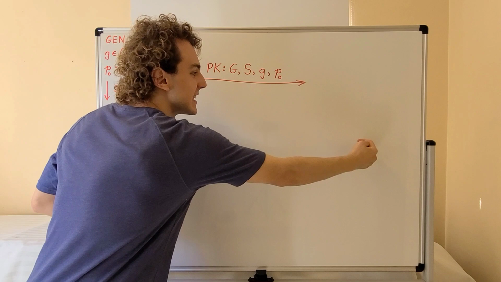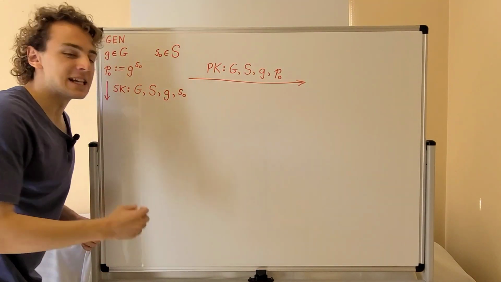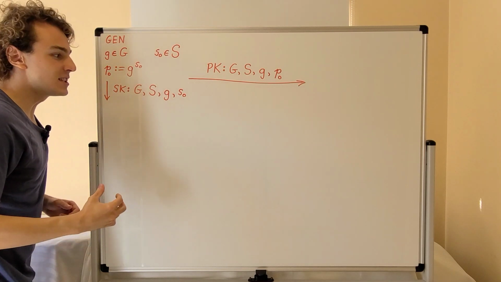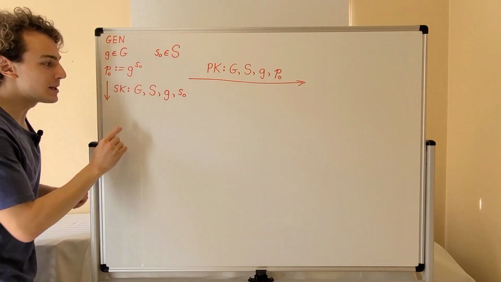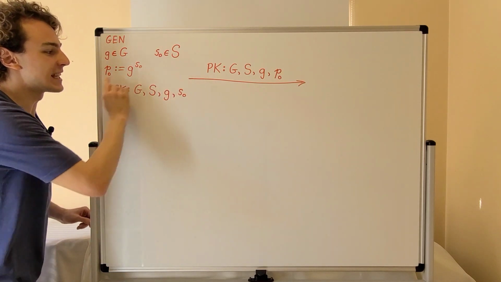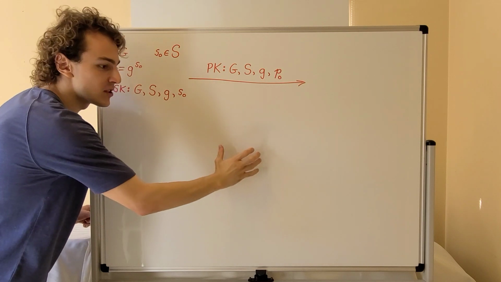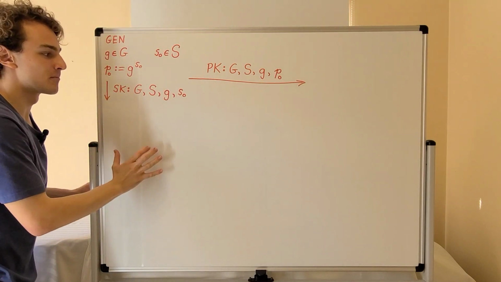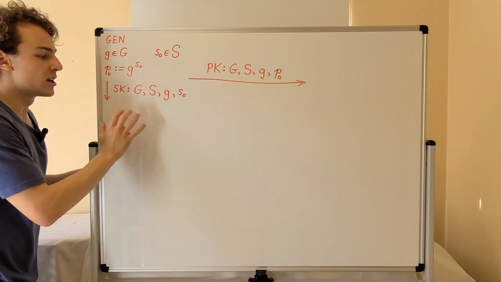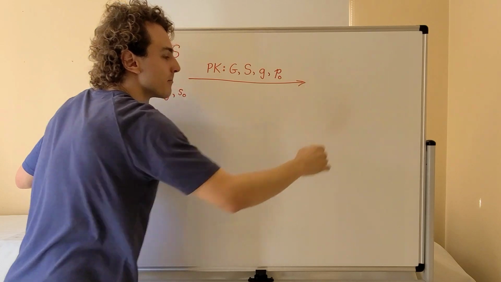The ciphertext is then sent through the public channel, and the ciphertext can be decrypted. So that means we turn the ciphertext into the message. That can only be done with the secret key. So the secret key is used to turn the ciphertext into the message, and that is done in the decryption procedure. So the secret key is used for decryption, and the public key is used for encryption.